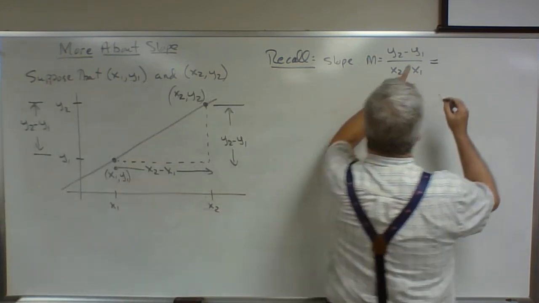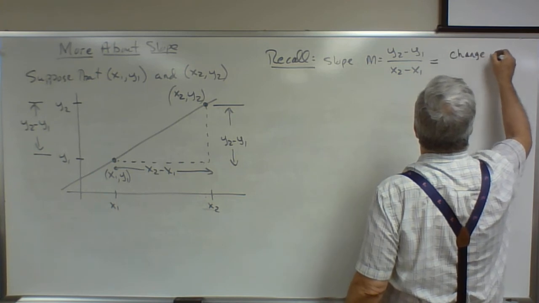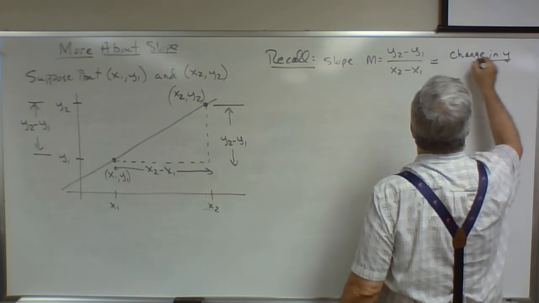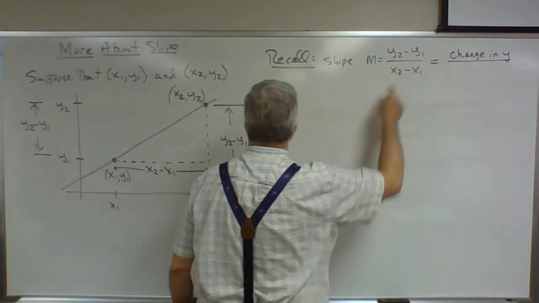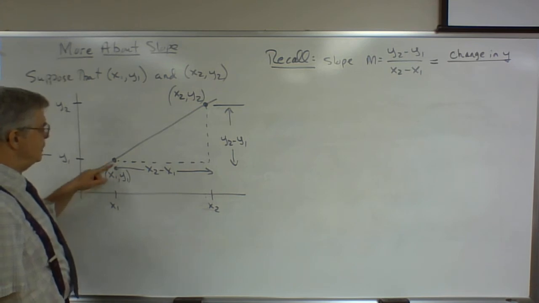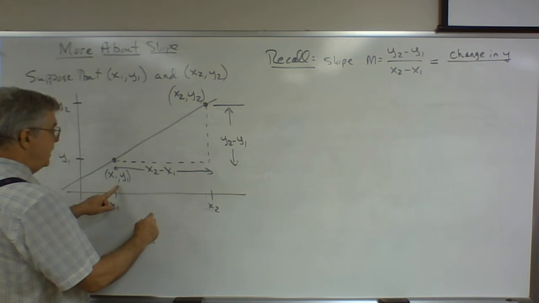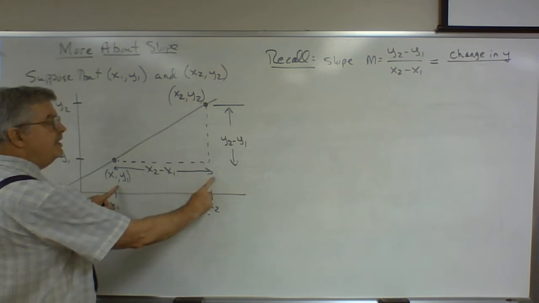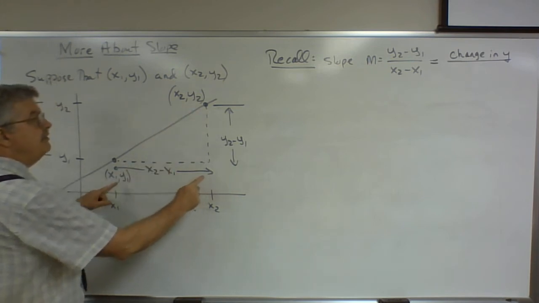So we could express the numerator as change in y, and x2 minus x1, going from the point x1, y1 to the point x2, y2, isn't x2 minus x1 the change in horizontal distance going from this point to this point? It's the change in x, right?